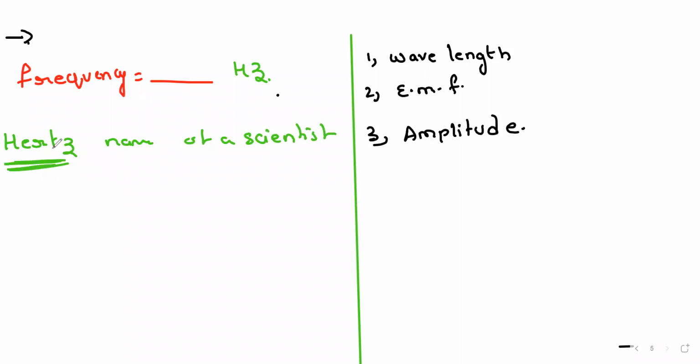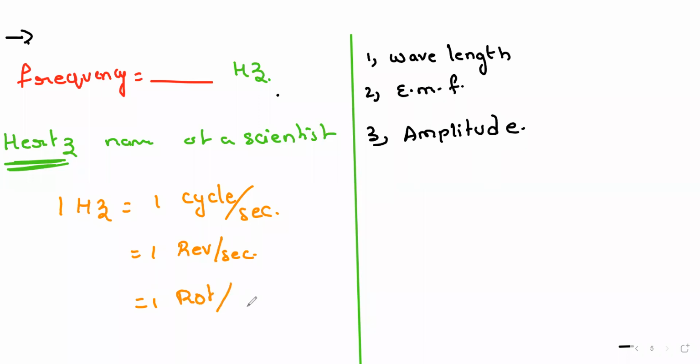He made a contribution to the development of science, so the unit of frequency is named after him. 1 hertz is equal to 1 cycle per second, or 1 hertz is 1 revolution per second, or 1 hertz is 1 rotation per second. Is it clear?